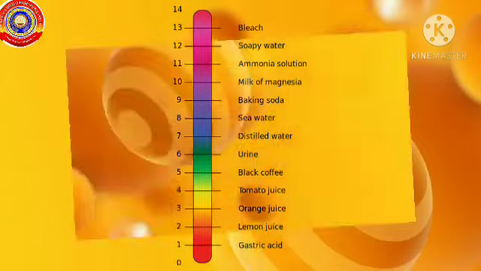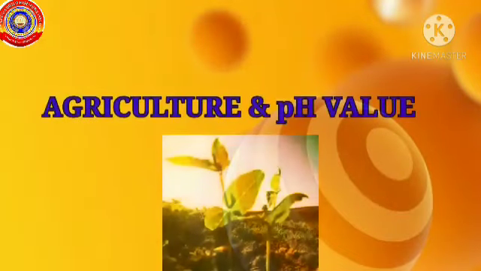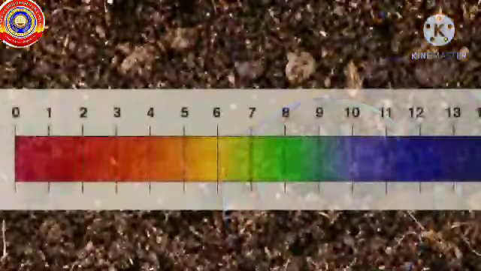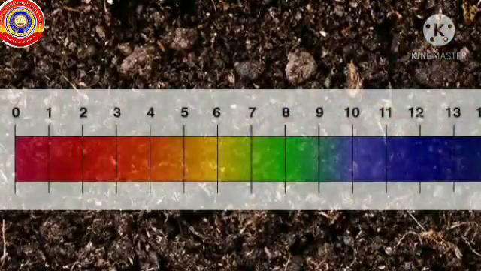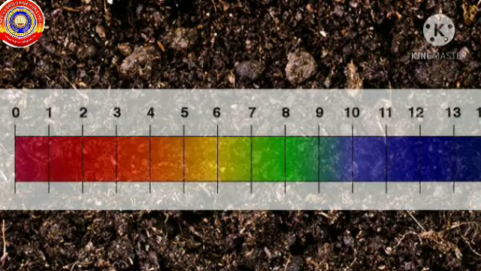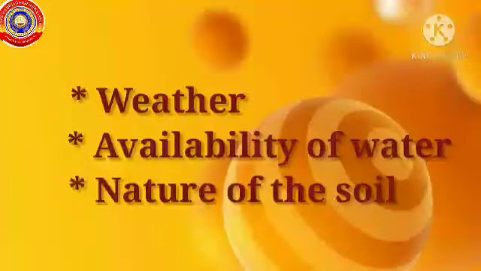Next we will discuss the importance of pH in agriculture. As we know, the nature of soil is not the same everywhere on the earth's surface. So there exists a relation between the nature of a soil and crops, right? The weather, the availability of water and the nature of soil are the factors which influence the growth of crops.